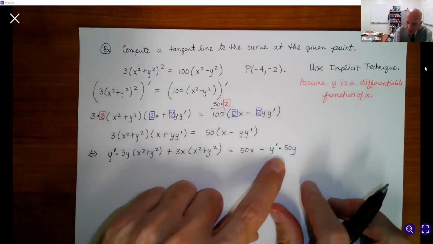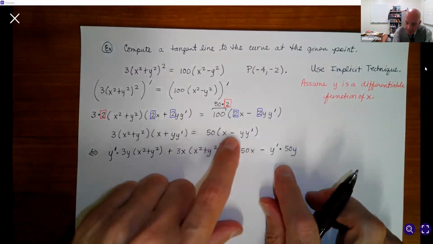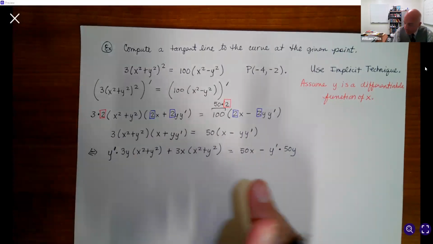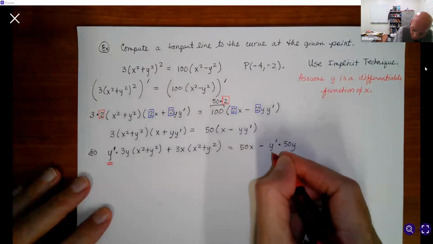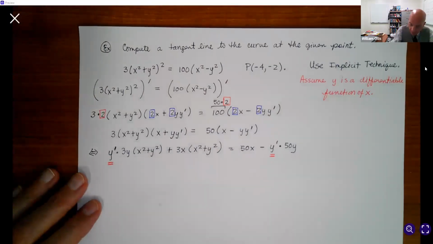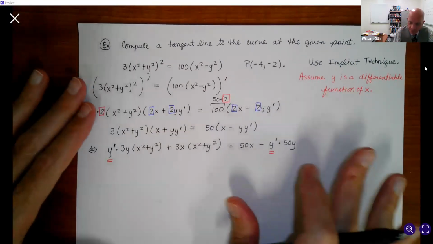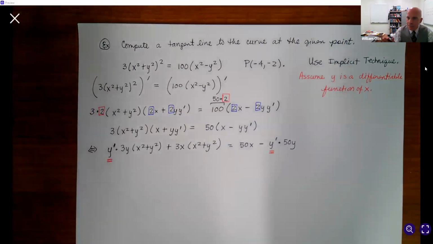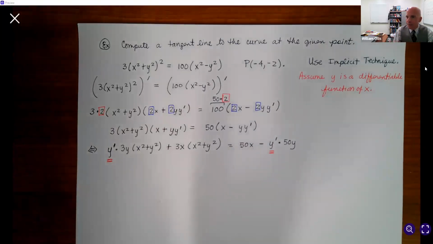Again, the order doesn't matter, but I want to make sure that you can see the y prime. That's a 50 times the negative y prime. So we just stick the y prime out front. Now, what I want to do is kind of highlight the y primes. Now, this may be fairly pedestrian and maybe more than you need, but if you get used to this technique and being a little bit more succinct about how you collect terms, you'll get the problem right the first time.